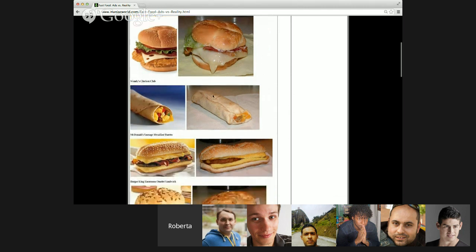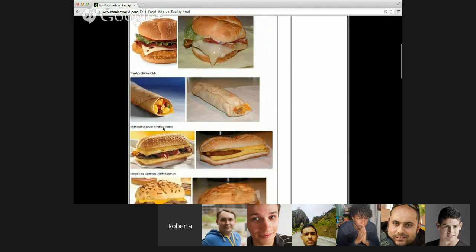What about this next one? McDonald's sausage breakfast burrito. They look the same, right? I don't think so. No. Let's hear from Alejandra. The first picture has a better appearance.